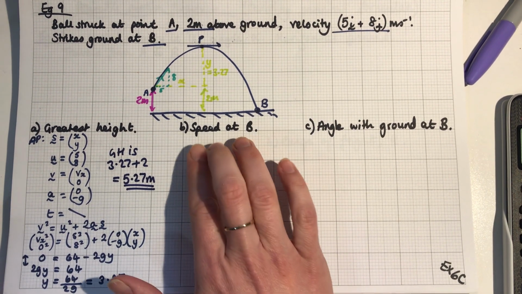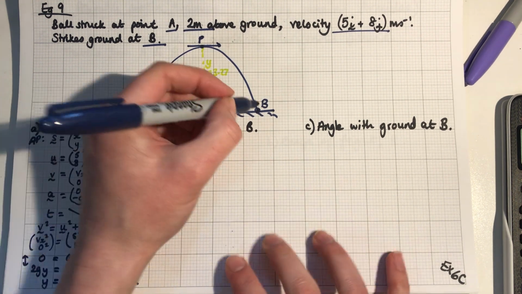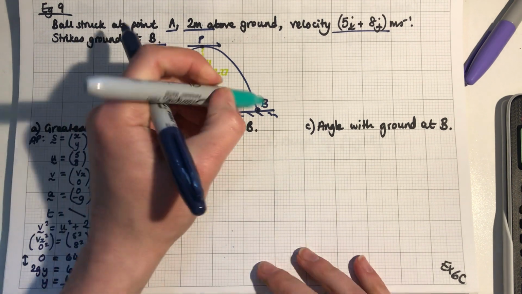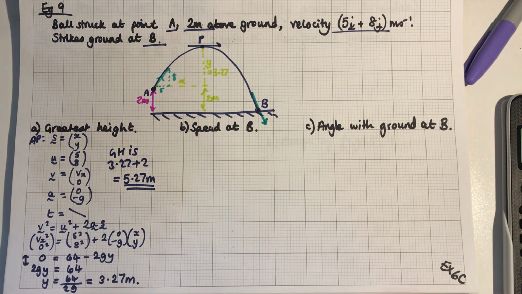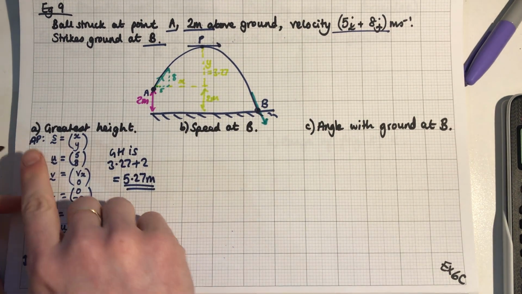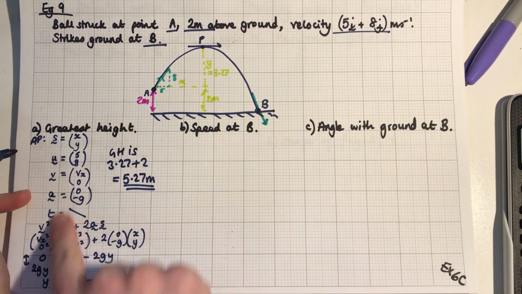Now, it wants us to work out the speed we're travelling at when we reach B. Just like we normally do, let's represent our speed as a tangent to the curve at that point. Because previously we were working from A to P, but now we're working from A to B, we need to do our SUVAT again.